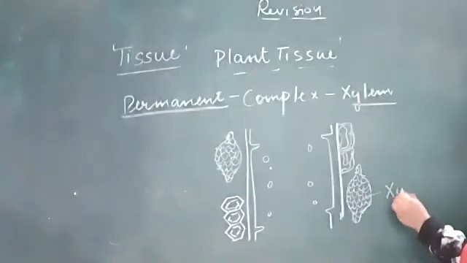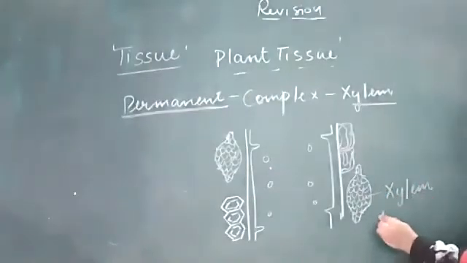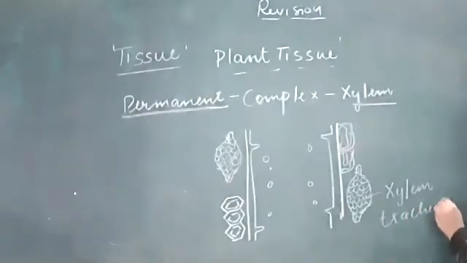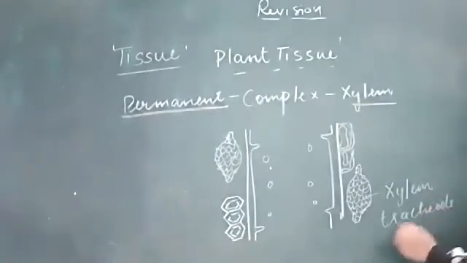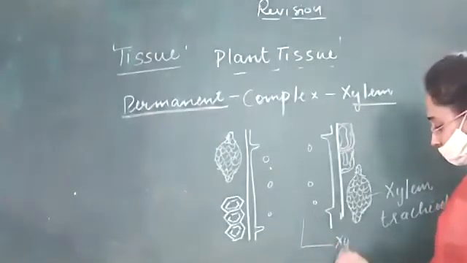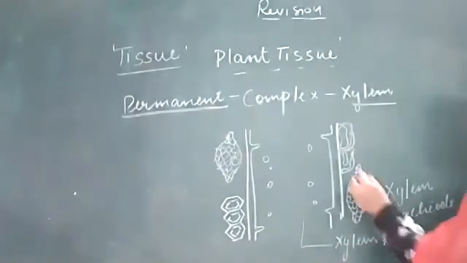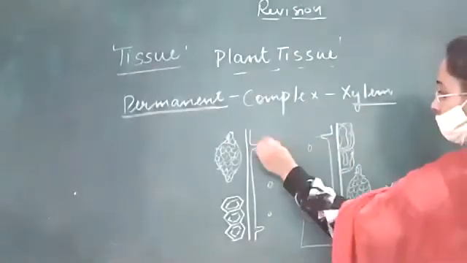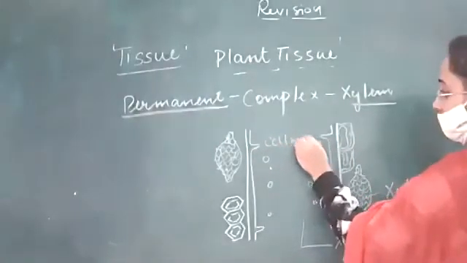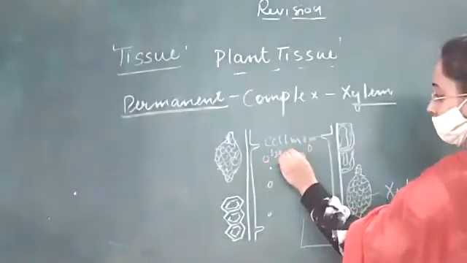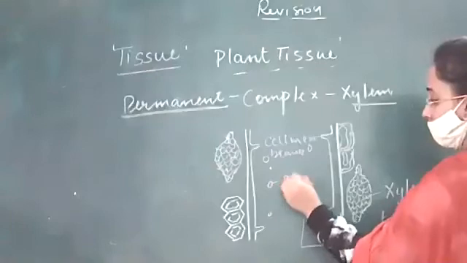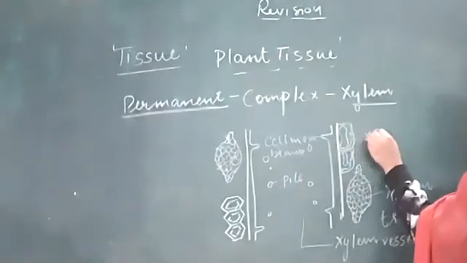The first component is xylem tracheids. Then xylem vessel. And this is the cell membrane. These are pits. These are xylem parenchyma.